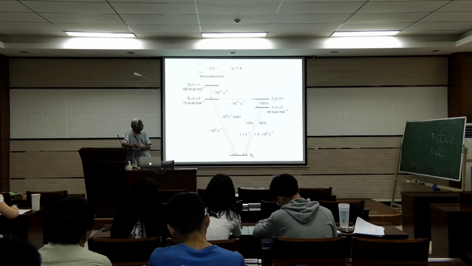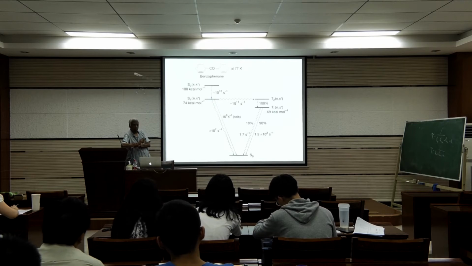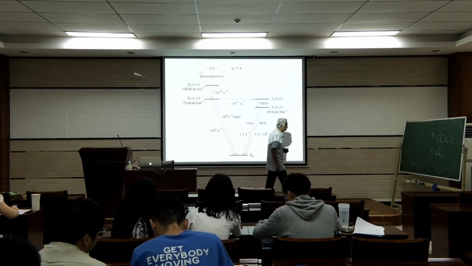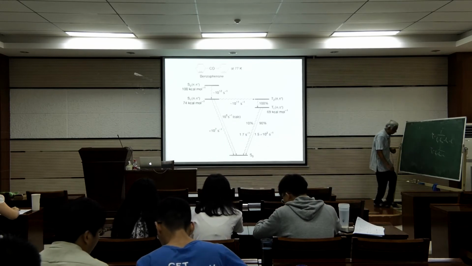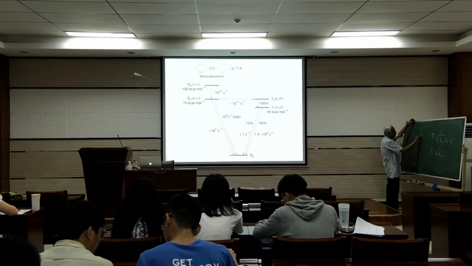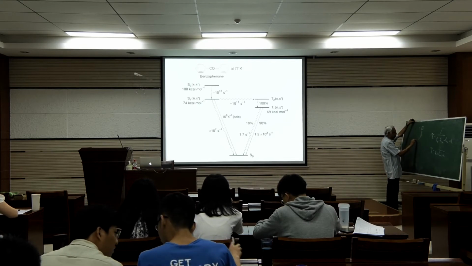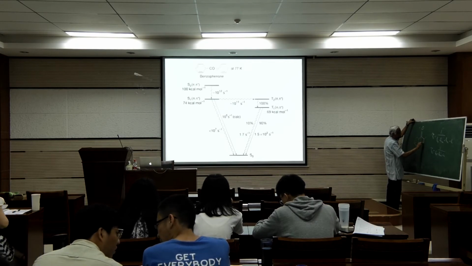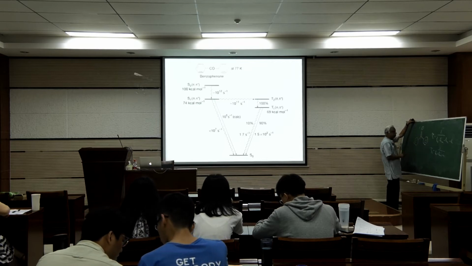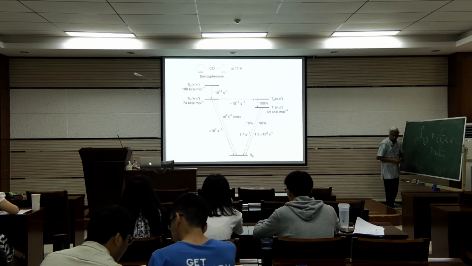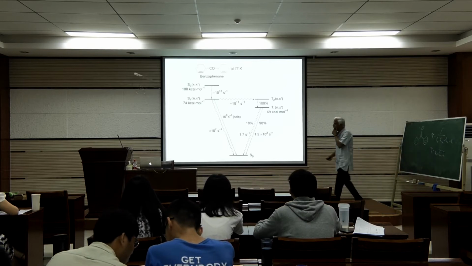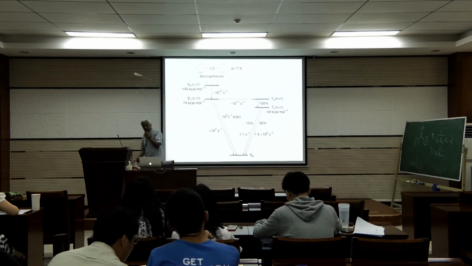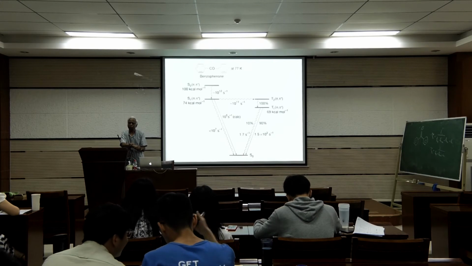Okay. You go to this compound, this is benzophenone. Now if you look at this benzophenone, there are 2 different types of excited states. 2 different types means 2 different electronic configurations.